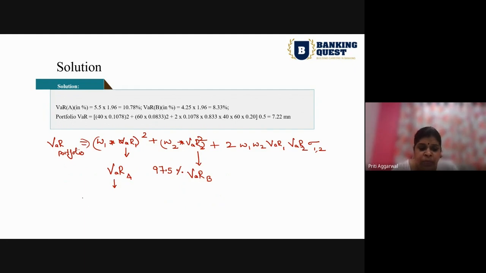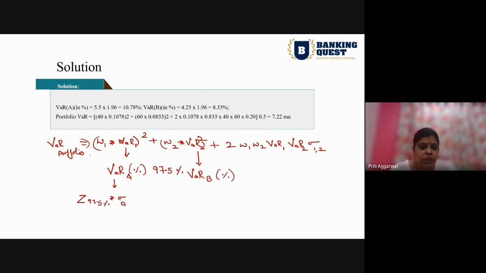So how do we calculate VAR A? What will be the formula? As I said, the Z score at 97.5% into the standard deviation of A is going to give you the VAR for A in percentage, and the same for B in percentage terms. That is what I need. I don't need it for the value.